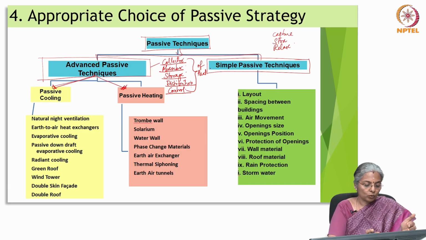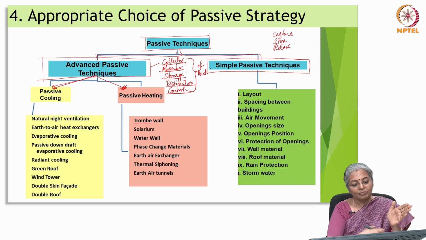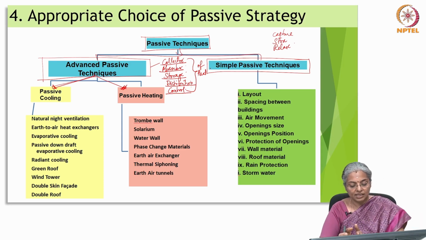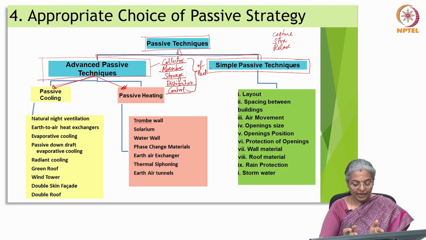Examples of passive cooling systems are natural night ventilation, earth to air heat exchanger, evaporative cooling, passive downdraft evaporative cooling, radiant cooling, green roof, wind tower, double skin facade, double roof, etc. And passive heating strategies include trombe wall, solarium, water wall, phase change material, earth air exchanger, thermal siphoning, earth air tunnels.